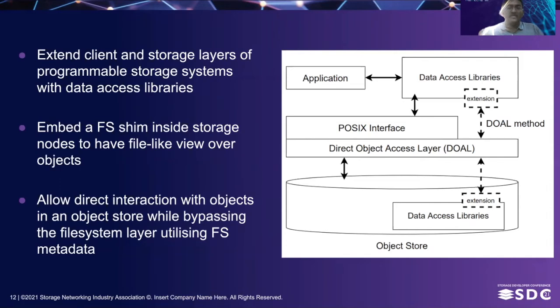And we directly interact with the objects in the object store by invoking the Ceph plugins, the object class plugins that we embedded inside the OSDs. This object class plugin uses Apache Arrow to process the data and sends us back serialized Arrow tables.